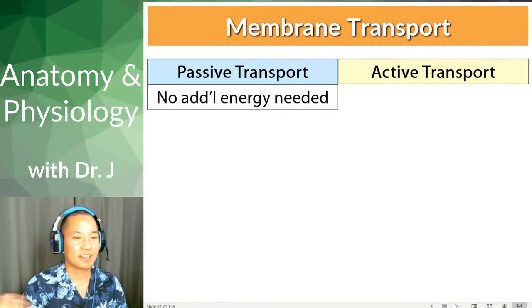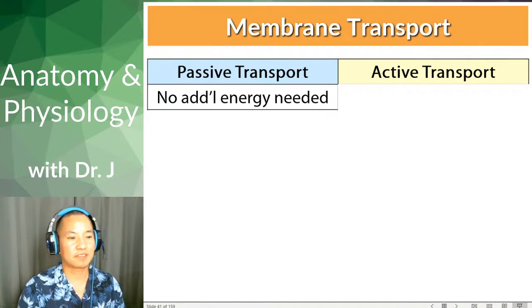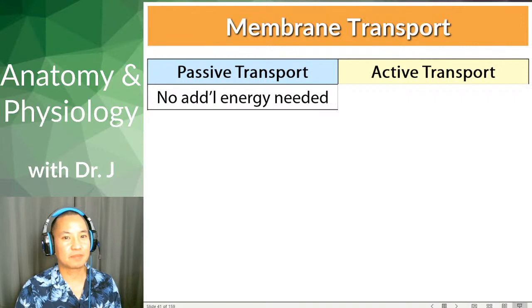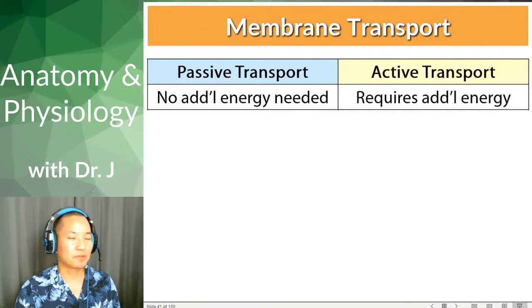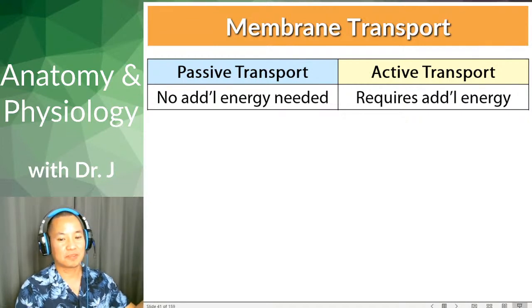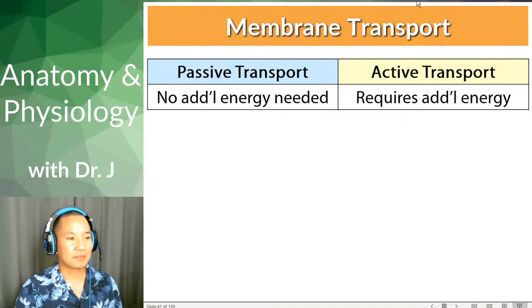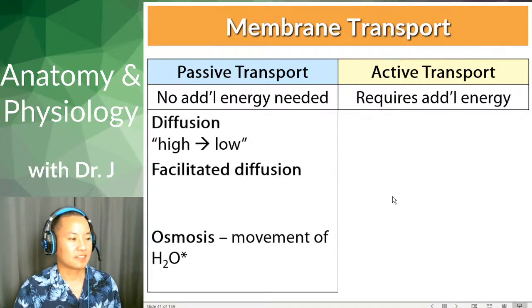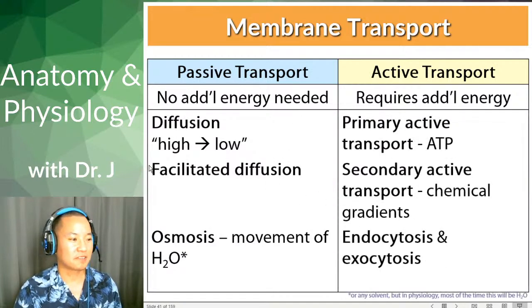If you just have a membrane and whatever is being transported, this transport happens by itself, with no ATP and no additional nutrients needed. Active transport requires additional energy stored up in some form. Sometimes it's ATP, sometimes it's having more ions on one side versus the other. We'll try to cover passive transport this lecture.